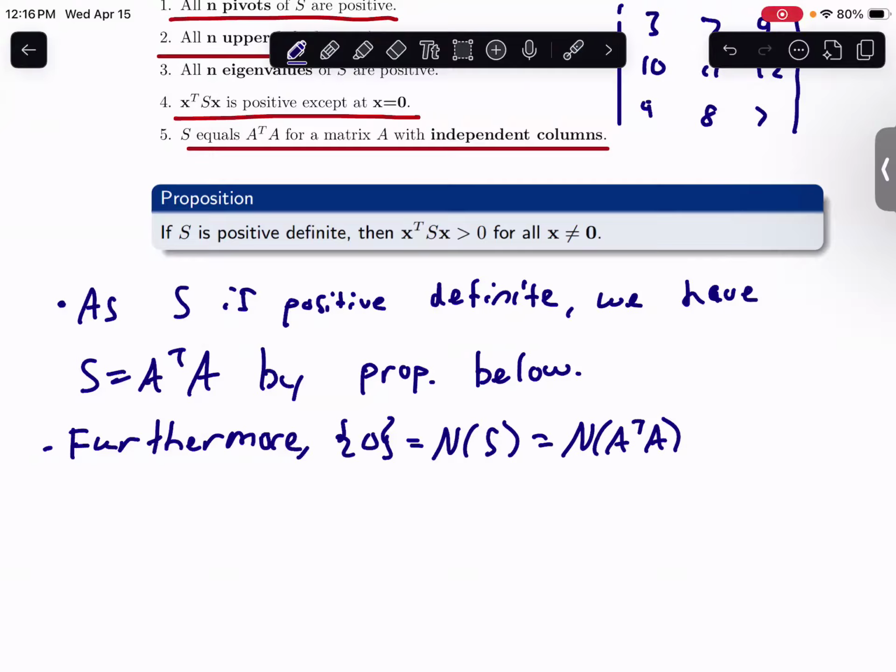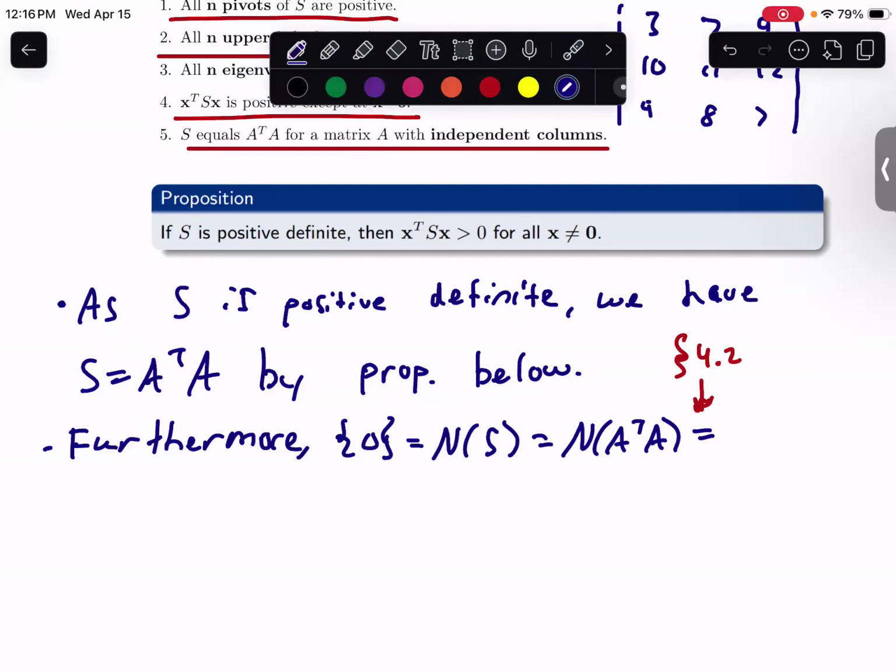And then we showed in class, this is a pretty important fact, especially when we do singular value decomposition. This gives you a way of thinking about null spaces and row spaces. We proved in section 4.2 that the null space of A transpose times A is equal to the null space of A. It was a longer proof, but we did it a while ago.